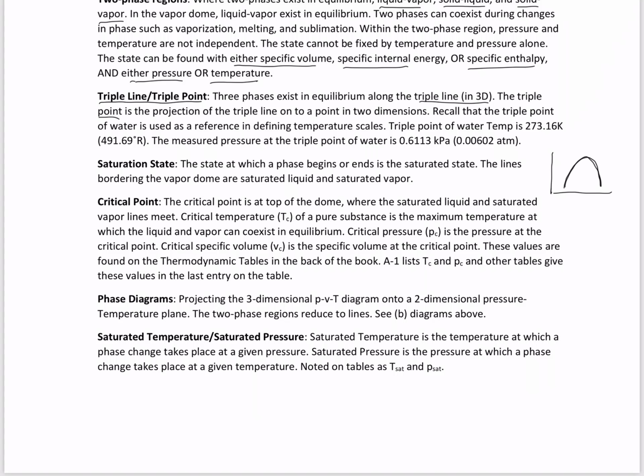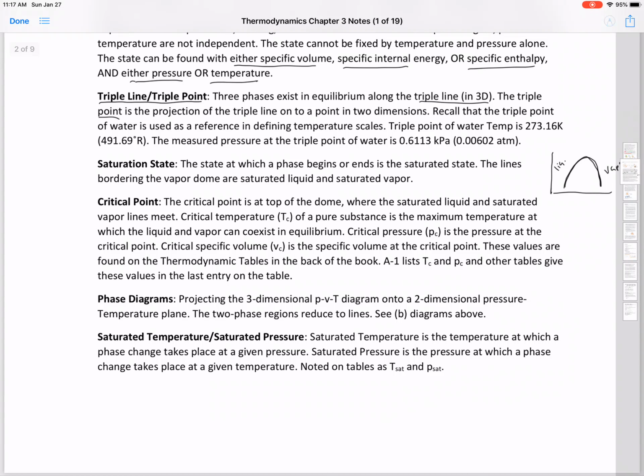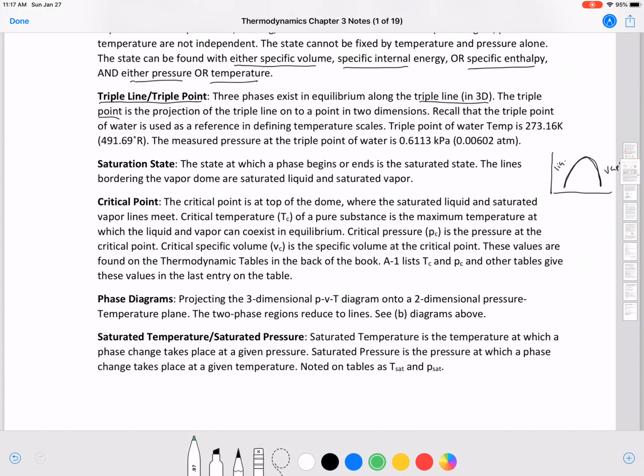We have liquid on this side, vapor on this side, and this line on this side would be saturated liquid, and on this side would be saturated vapor. The critical point separates those two. This is the critical point.